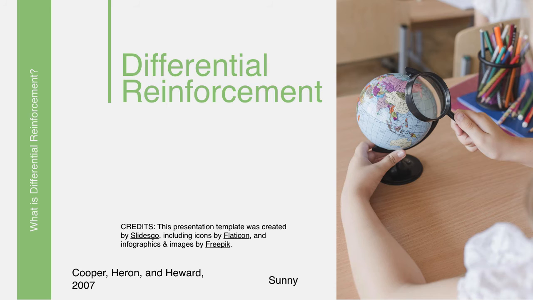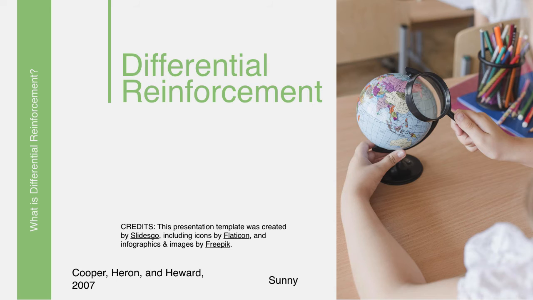So the first thing, a differential reinforcement, I'm going to talk about 4 of them. Technically, this is the concept of reinforcing one response class and withholding reinforcement for another response class.